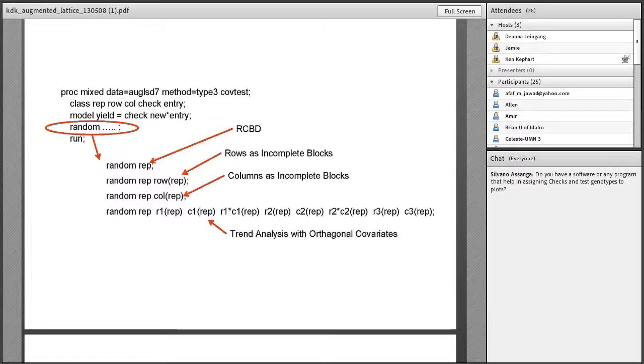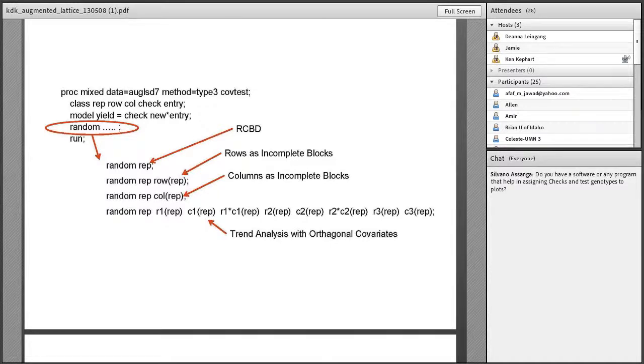So here is the core of each of the PROC MIXED statements that I show you. If you're not familiar with SAS, the DATA= statement says we're going to analyze the data that's contained in this temporary SAS data set called AUG-LSD7. In this particular case, we're not going to make any adjustment based on likelihood methods.